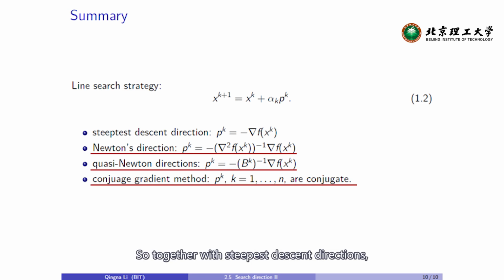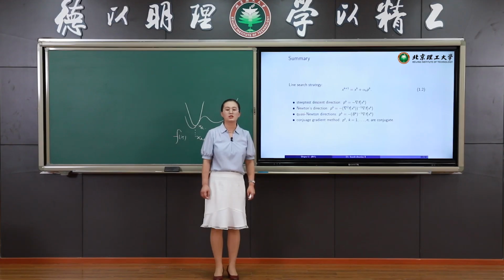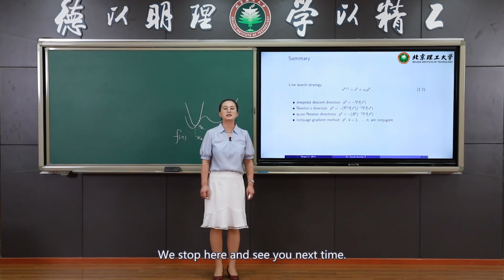Together with the steepest descent direction, they are the search directions under the line search strategies. In the next part, we will introduce the trust region strategy, which is another way to update the next iteration. All right, we stop here and see you next time.